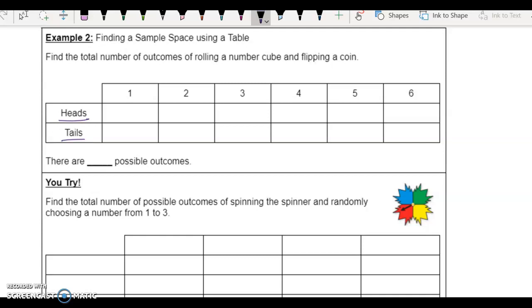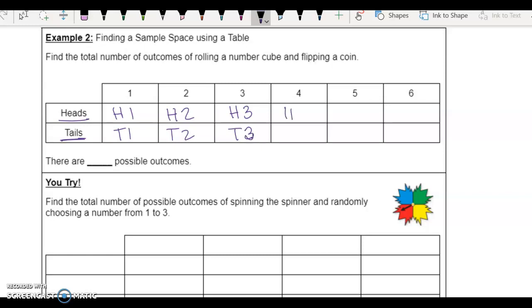So with heads, I can get heads and a 1, or I could flip tails and roll a 1 on the number cube. I can flip heads and get a number 2 on the die, or I can get tails and a number 2. I can flip heads and roll a 3, or I can flip tails and roll a 3.